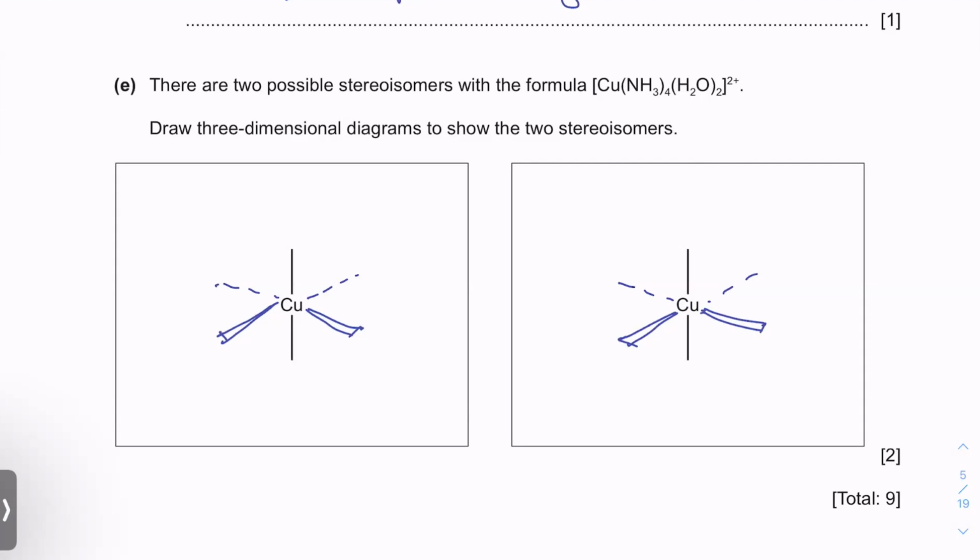So I have 4 ammonia. If I put all of them here, then I will not be able to get the stereoisomers. So I should move them. Let's say मैं इसको ऐसे move कर देता हूँ. ठीक है, कर तो हम सकते हैं.